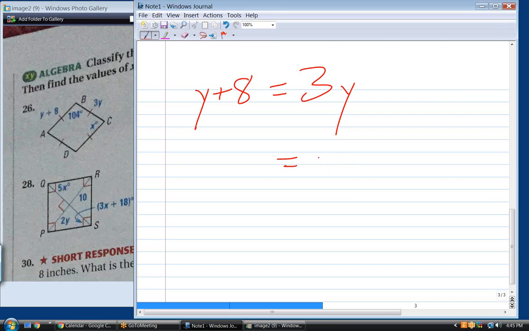If y plus 8 is equal to 3y, then y is equal to... Hold on. What's the first step in solving this? Simplify. Gather your variables all on one side, everything else on the other. That's always a step in algebra problems.